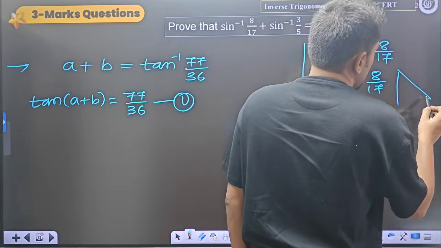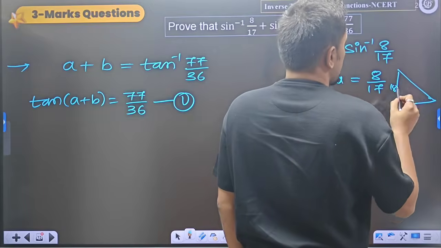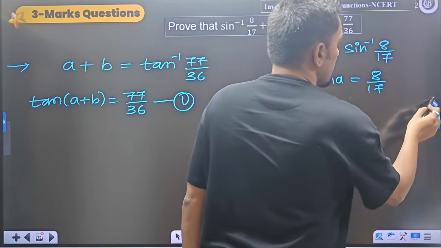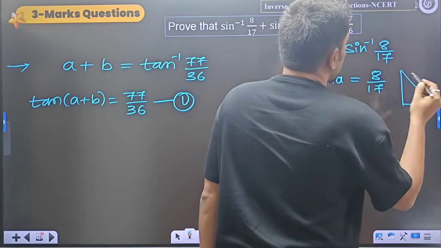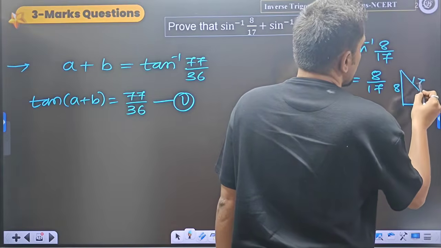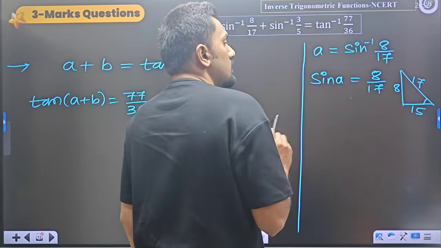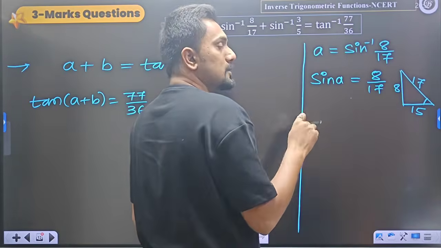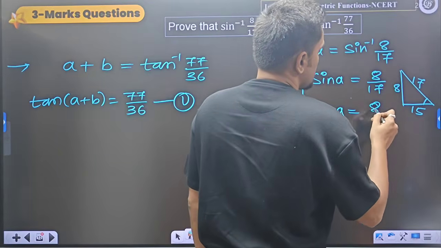If you draw the right angle triangle, opposite is 8, hypotenuse will be 17 and this will become 15. If I need to convert this sine a in terms of tan a, then tan a will be equal to opposite divided by adjacent, that is 8 by 15.